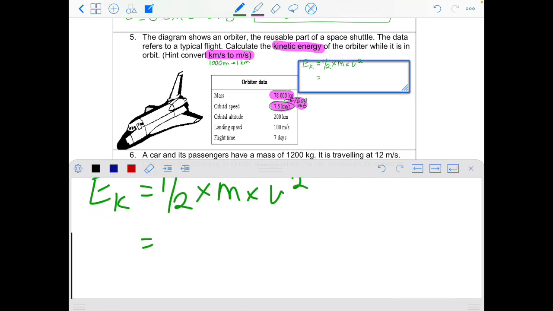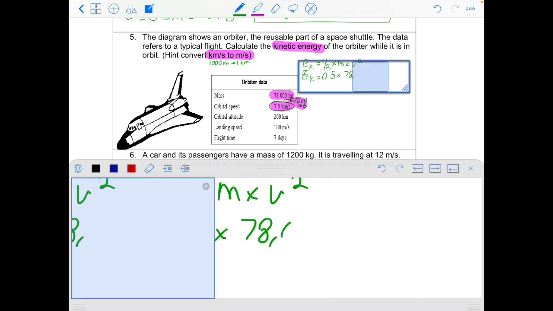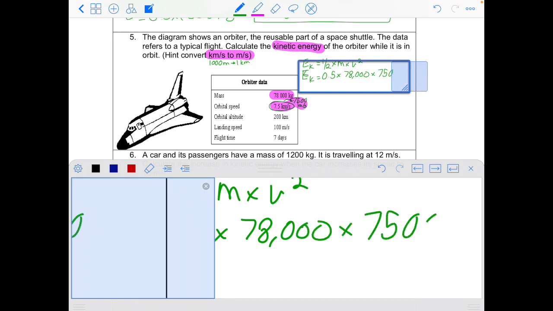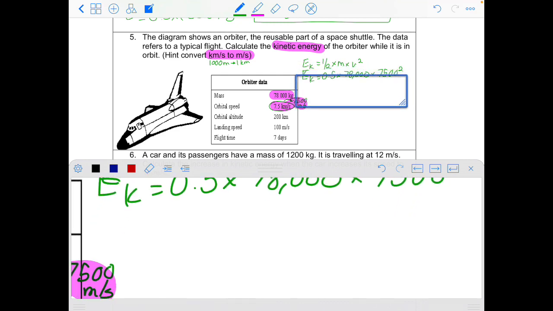Plug in our numbers, equals 0.5 times 78,000 times 7,500 squared.